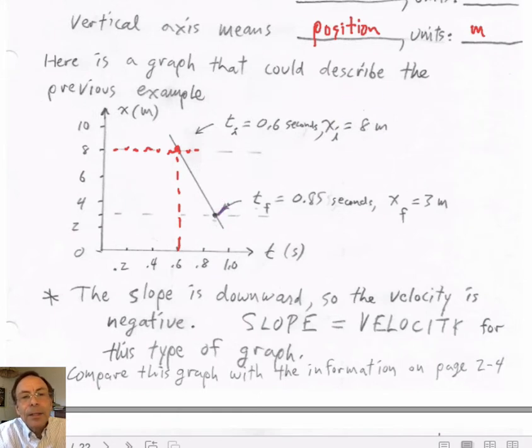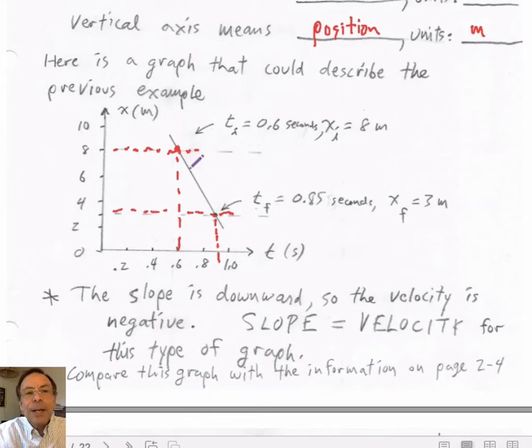And similarly, the final time is 8.5 seconds, and I said initial, I should have said final. The final time is 0.85 seconds, and the final position is 3 meters. Okay, I drew a straight line here.